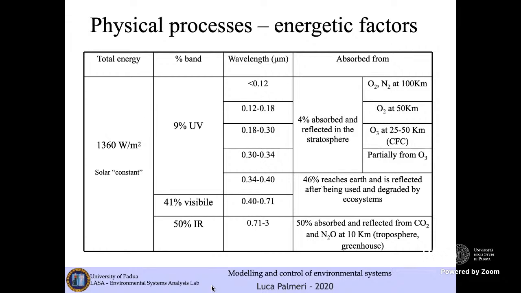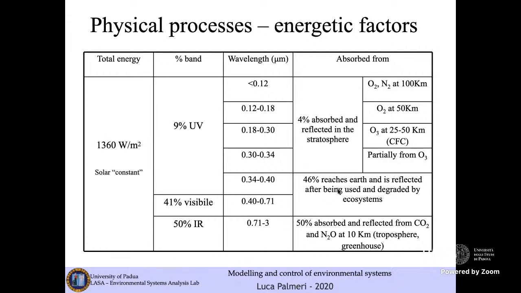Then we have the rest of the solar radiation, which is infrared thermal radiation. This is in the infrared wavelengths, from 0.71 micrometers to 3 micrometers.